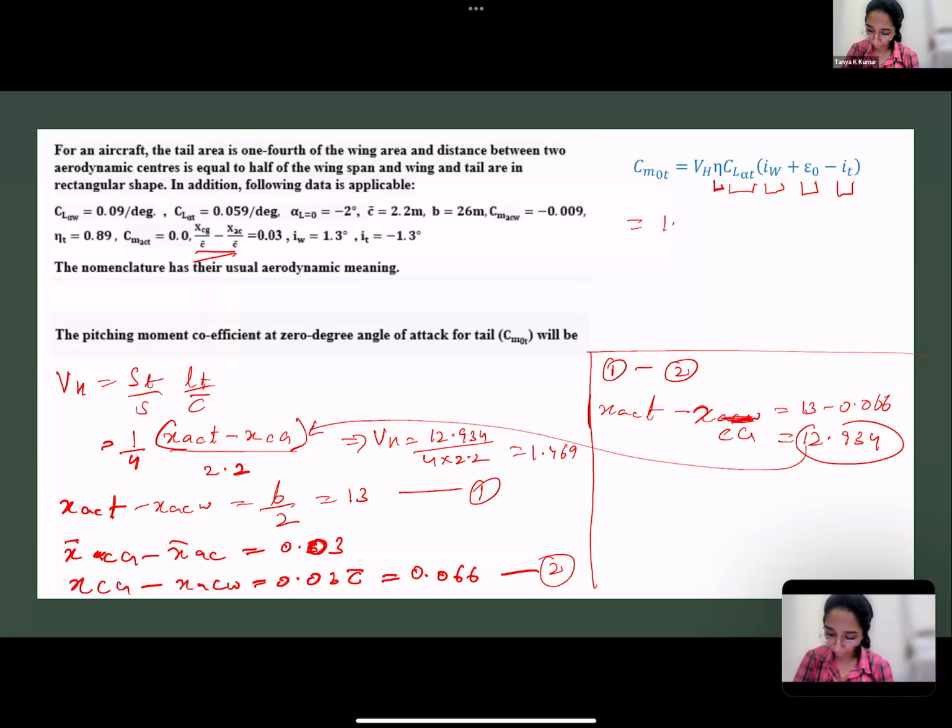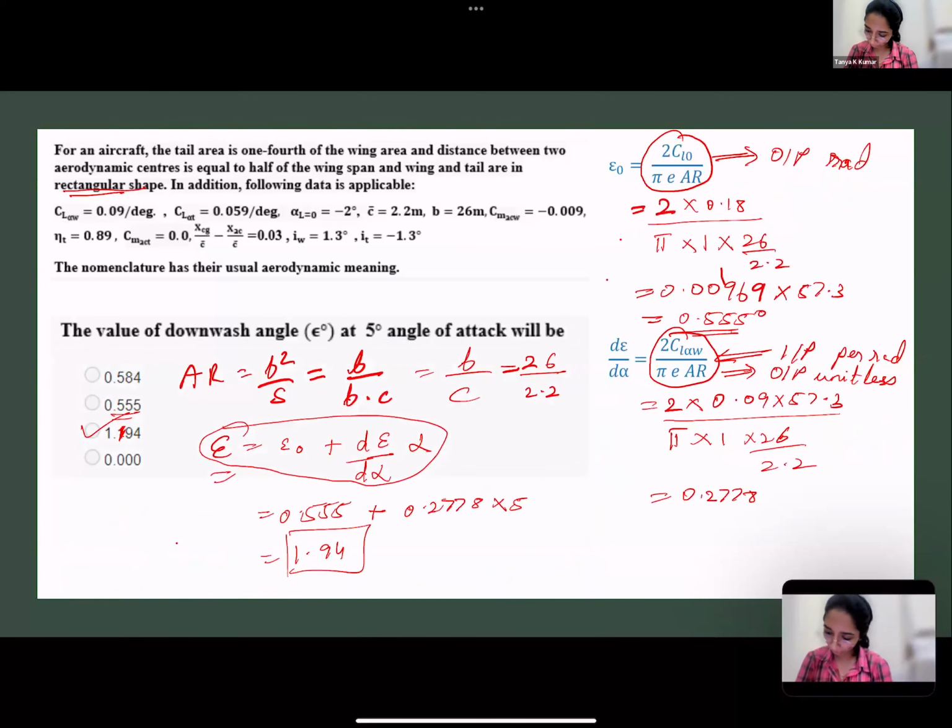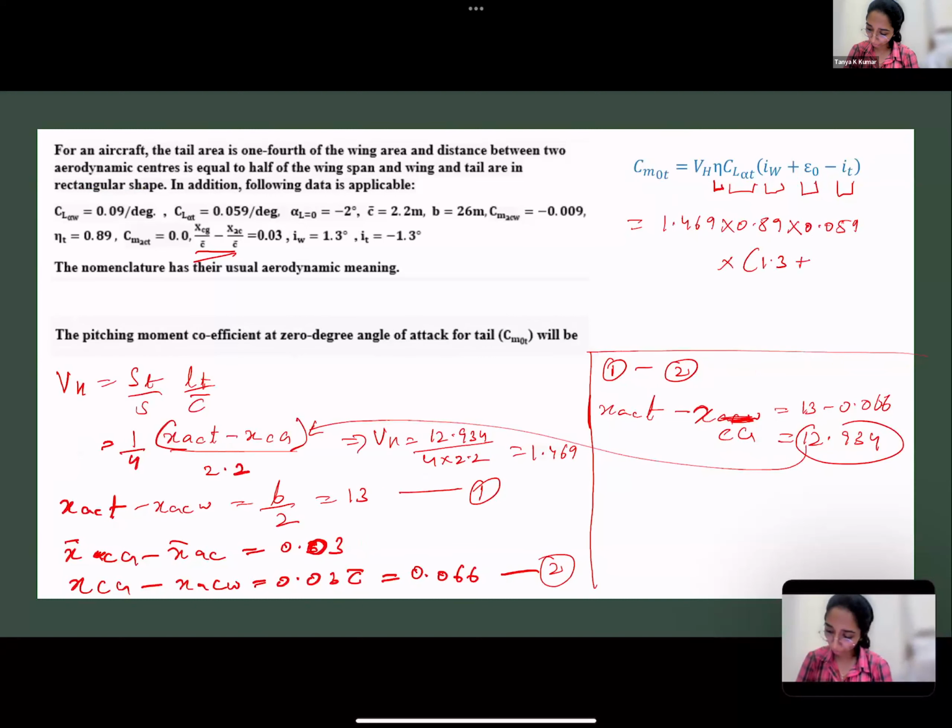Now you use it here. So you have 1.469. Eta is 0.89. CL alpha of tail is already in per degrees, 0.059 into i wing is 1.3. Epsilon naught was 0.555. Tail setting angle 1.3.